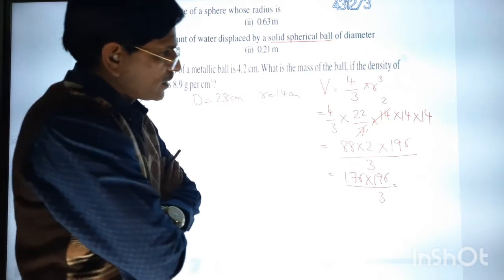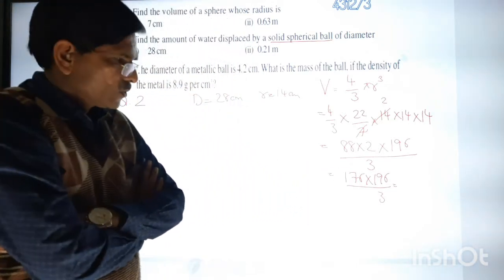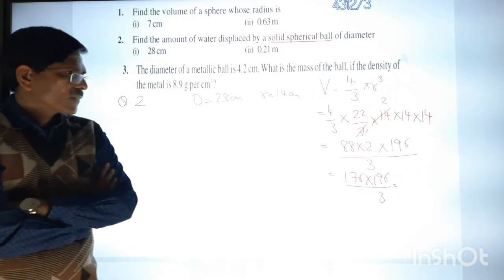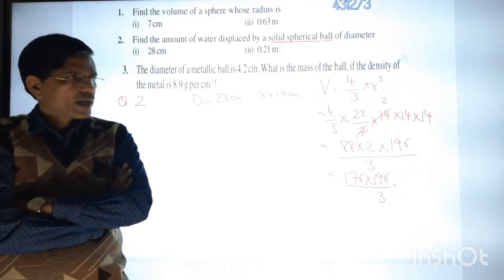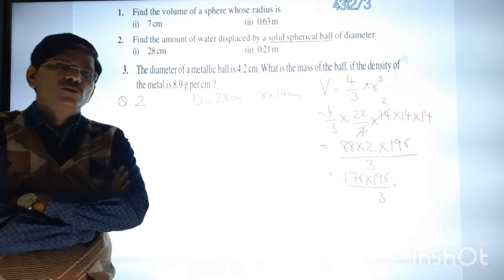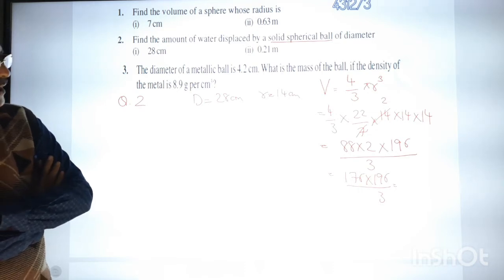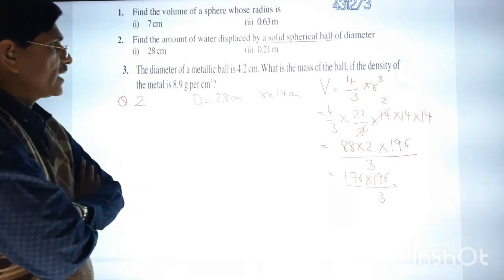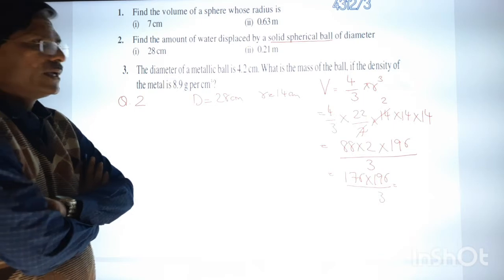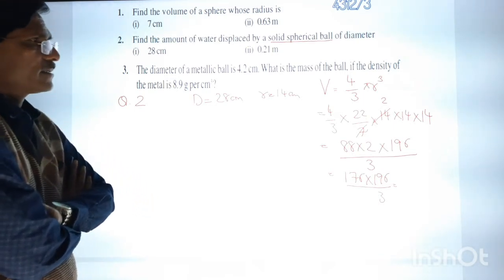Who will give the answer of 176 multiplied by 196? And then what we have to do? We have to divide it by 3. Someone has to multiply and give me the answer. 176 into 196.